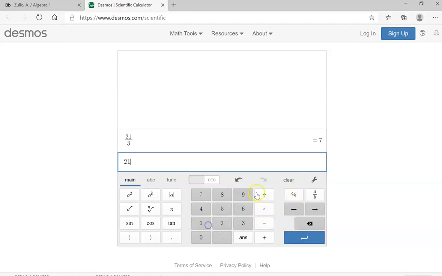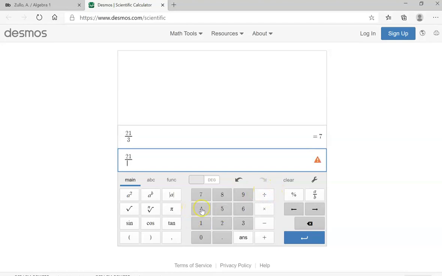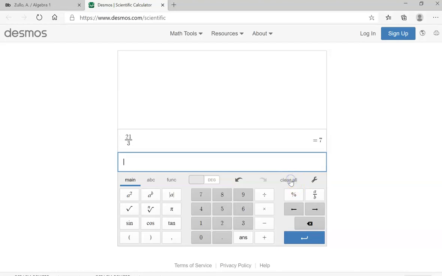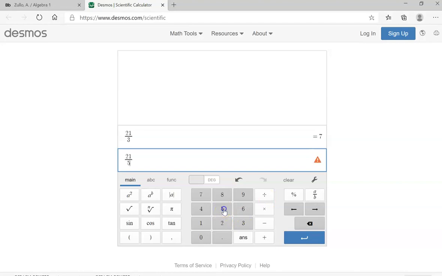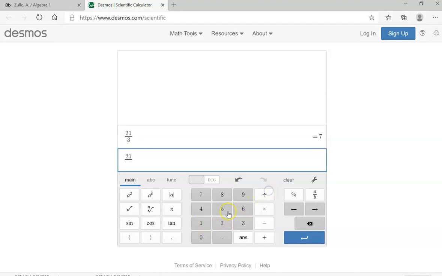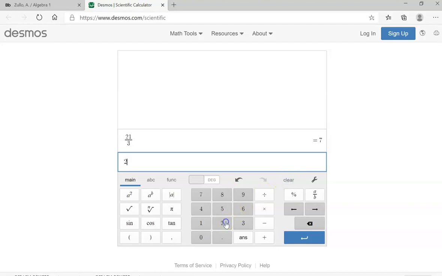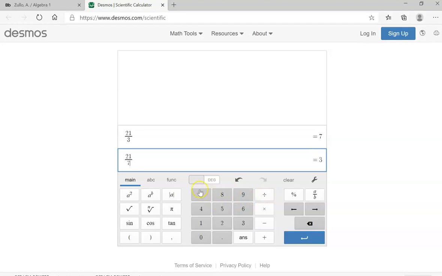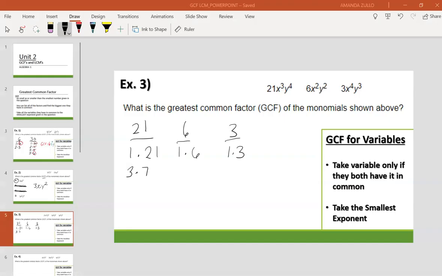So 21 divided by 4 gives us a decimal, that doesn't work. 21 divided by 5 gives us a decimal, that doesn't work. 21 divided by 6, decimal, that doesn't work. And the number that comes after 6 is 7, and it works, but guess what? We already have 3 and 7 listed, so I'm done with my 21.